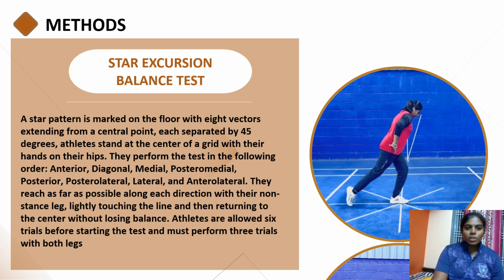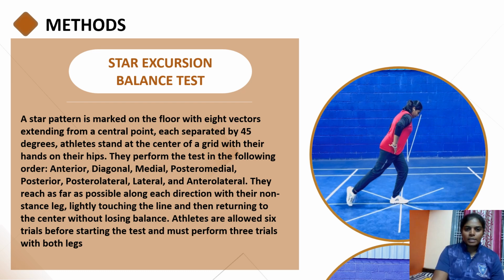The star excursion balance test measures dynamic balance and proprioception as well as bilateral asymmetries. Before that, the leg length assessment is taken. A star pattern is marked on the wall with 8 vectors extending from a central point, each separated by 45 degrees. The athlete stands at the center of the grid with their hands on their hips.